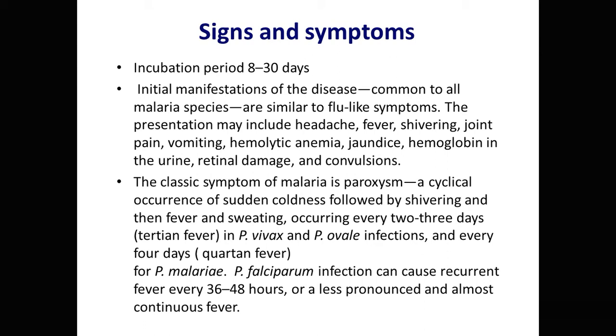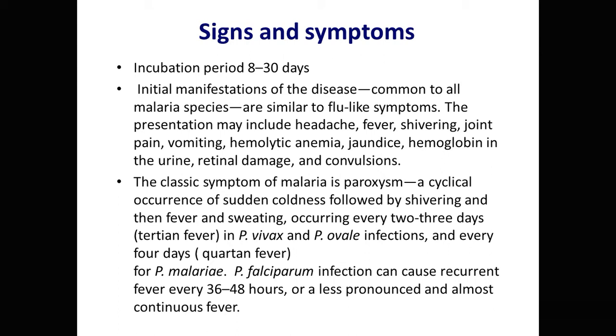The incubation period can be up to 30 days, and the disease starts with flu-like symptoms. People have headache, fever, shivering, joint pain, vomiting, hemolytic anemia, jaundice, hemoglobin in urine, retinal damage, and convulsions. The classic symptom of malaria is paroxysm. This is a cyclical occurrence of sudden coldness, followed by shivering and then fever and sweating.